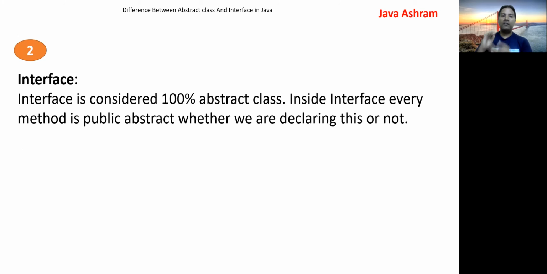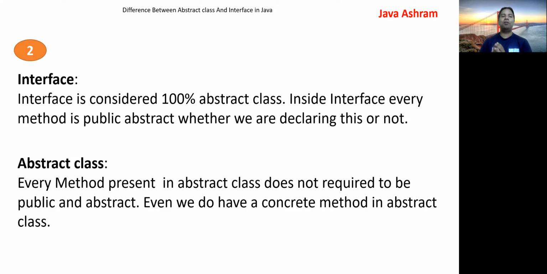Interface is considered to be a 100% abstract class. Why is it 100% abstract? Because inside the interface every method is public abstract, whether you declare this or not. Even if you are not mentioning the modifier, it is still considered pure abstract. This is why interfaces are called 100% abstraction.